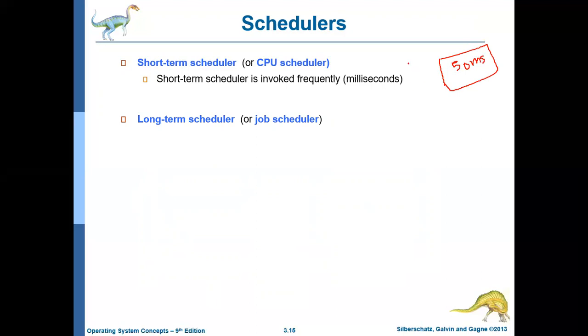Once that 50 milliseconds is over, the scheduler should immediately bring the next job to the processor. So this should work very fast, and it will be invoked very frequently.